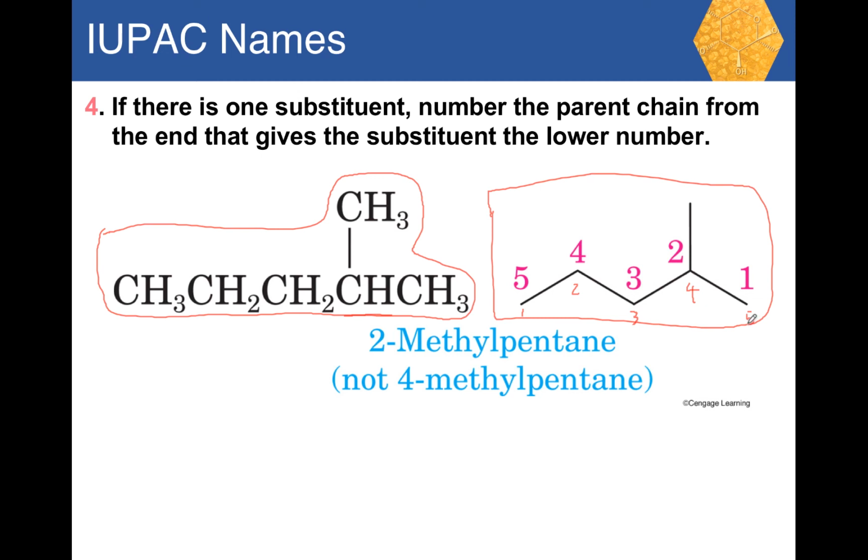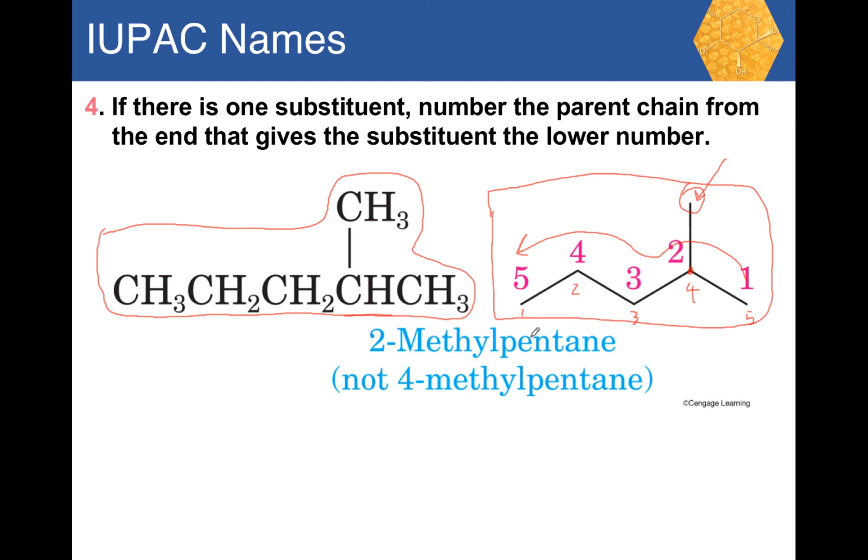However, the rule says we have to start numbering from the end closest to the branch. So here's a carbon, and it has a branch right here, so we'll number in this direction and not the opposite.